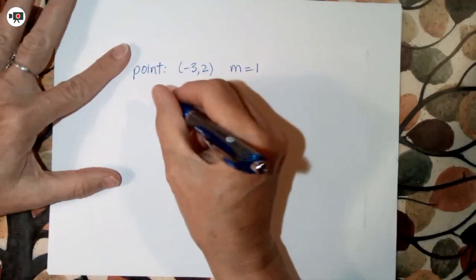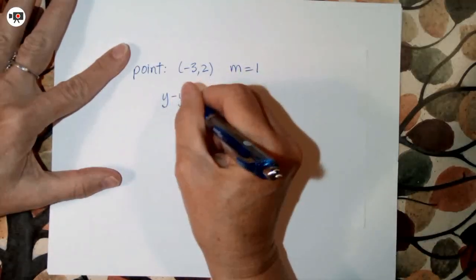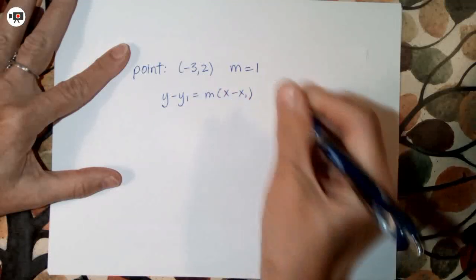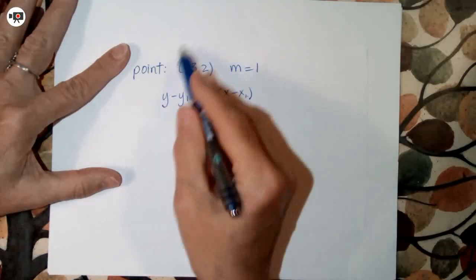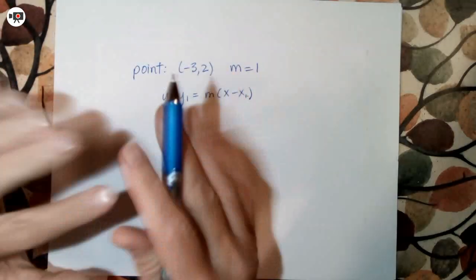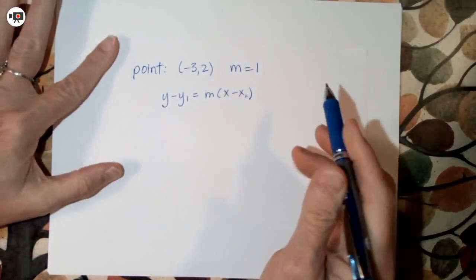Okay. So the point-slope form is y minus y sub 1 is equal to m times x minus x sub 1. Remember, x sub 1 being the specific point. The y and the x that do not have the subscripts are the ones that survive into the equation.